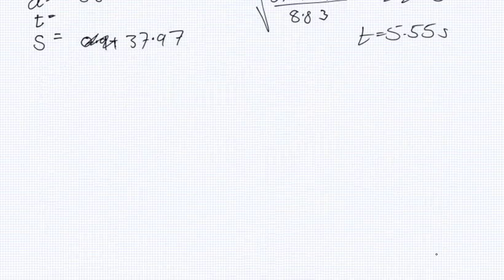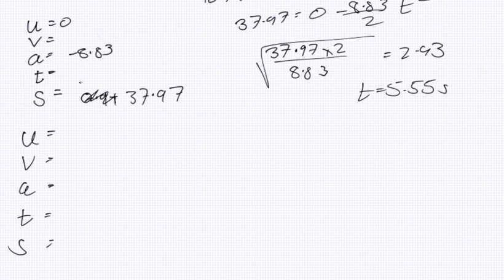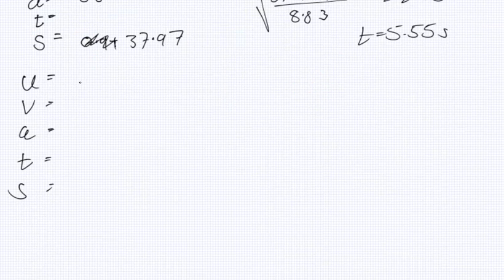The range is the distance it travels horizontally. But this time we have to use UVATS horizontally because there is an acceleration caused by the drag force. The U is still what we had a moment ago, 44 cos 40. The V we don't know. The A we have to work out. It's F over M. The T we do know is 5.55, and the S is what we're looking for.